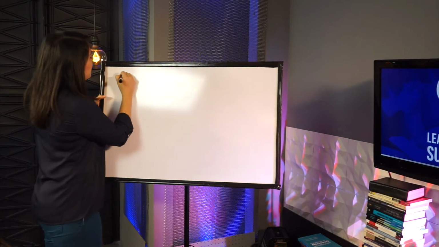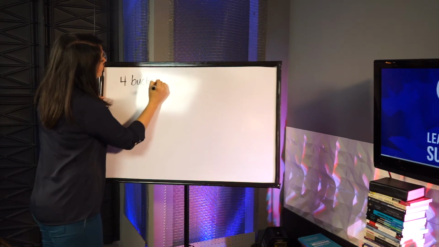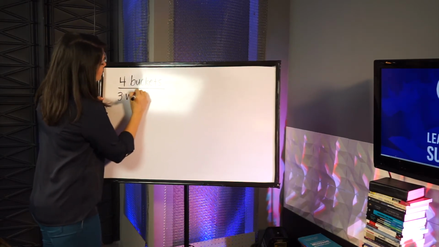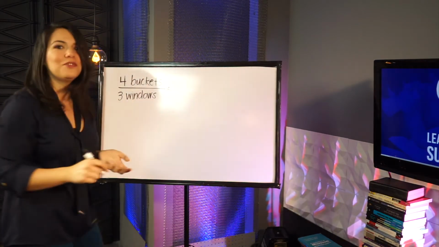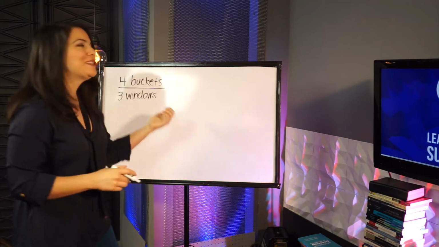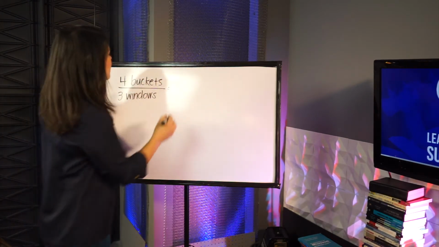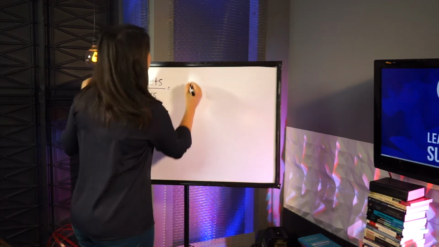So we have 4 buckets for every 3 windows. As you can see from this question, proportion equations can be used for almost anything, right? So that's scenario 1. Scenario 2, we have no idea how many buckets we need, so we're going to call that x.